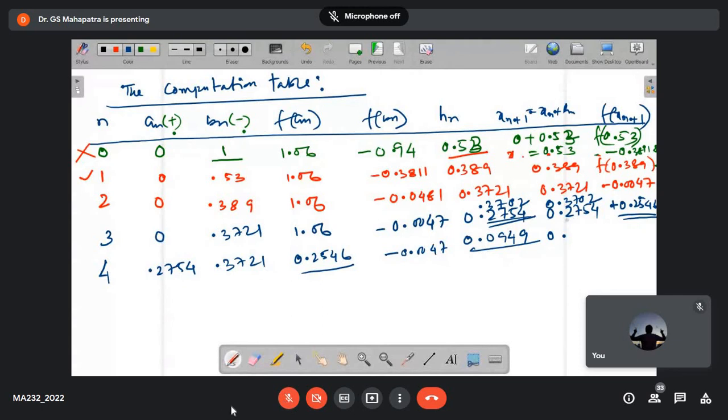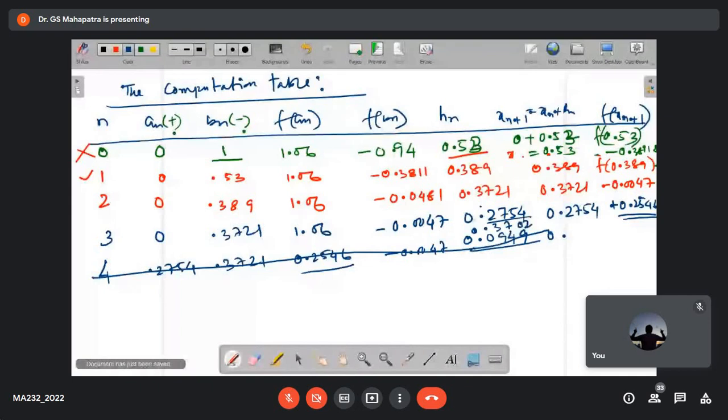Okay, then I will change it. So no need to go for fourth iteration, correct? Why? I will just tell you. 0.3702. Fine. Yes, sir. Here also that is not the correct one.